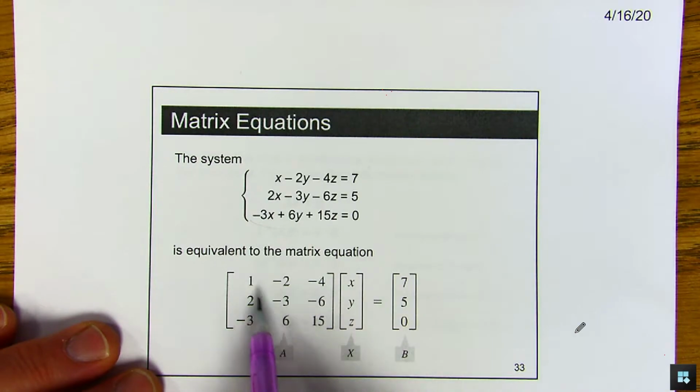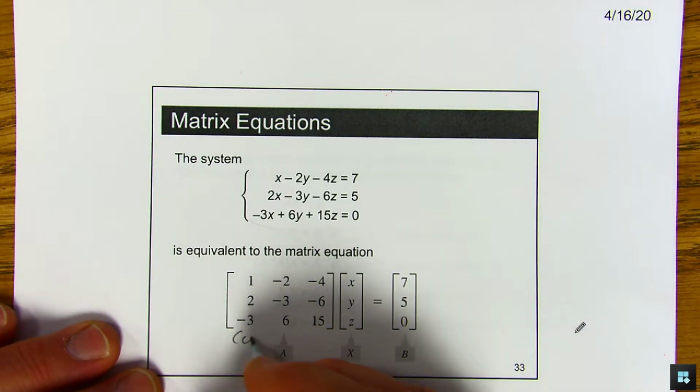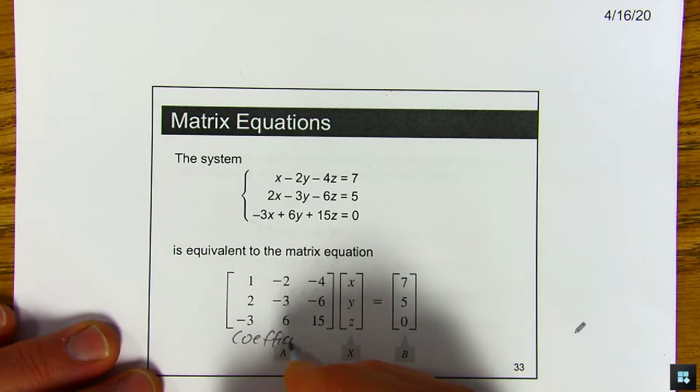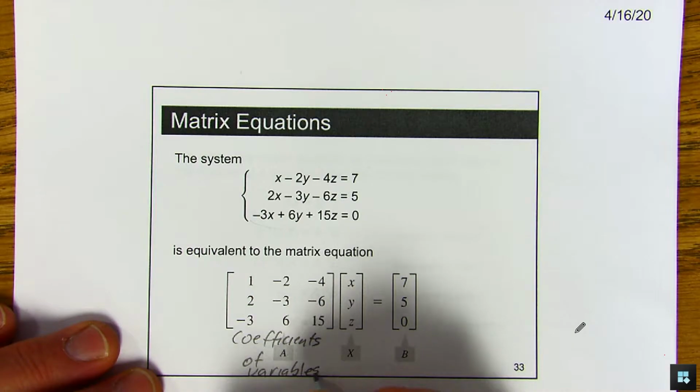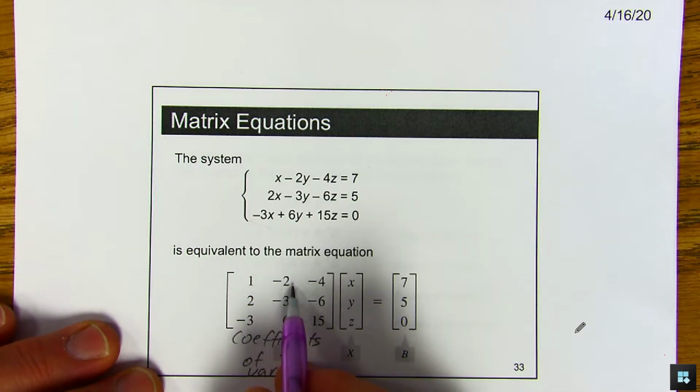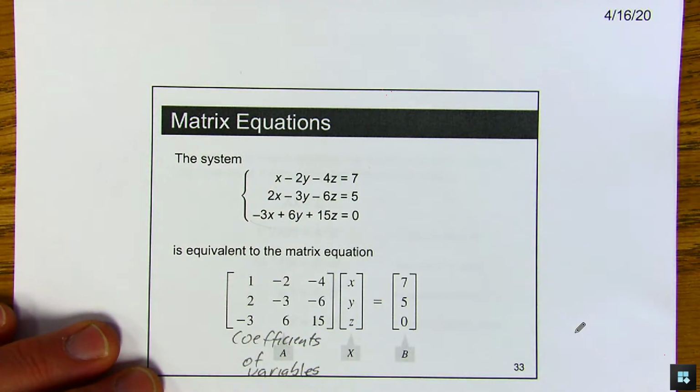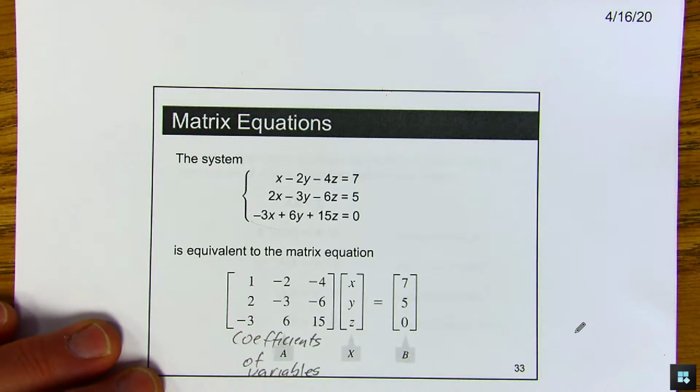Notice that these numbers right here are the coefficients of the variables. So this matrix right here is called the coefficient matrix, because it's the coefficients of our system.